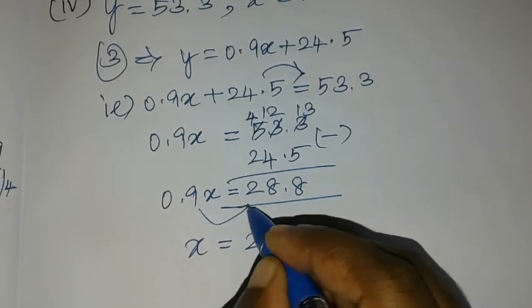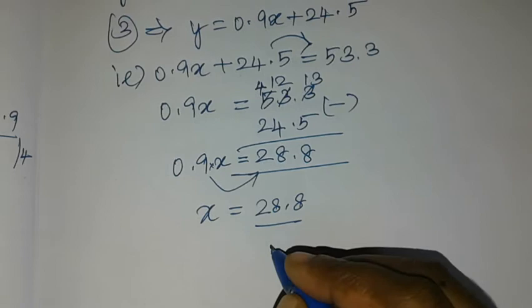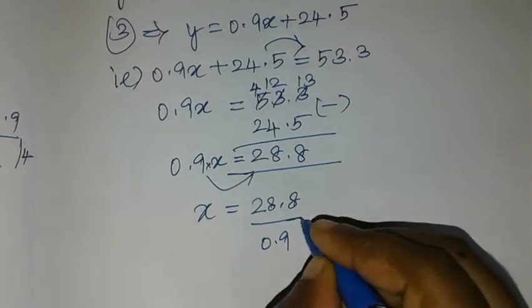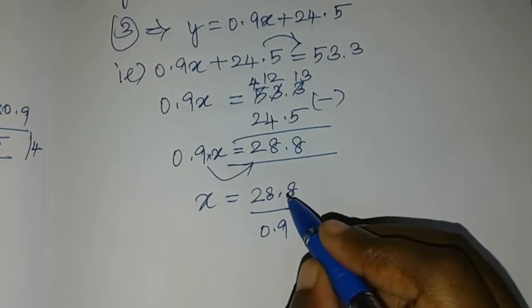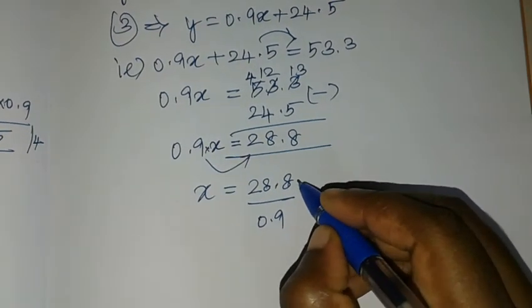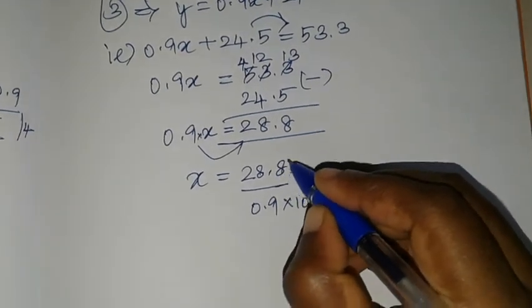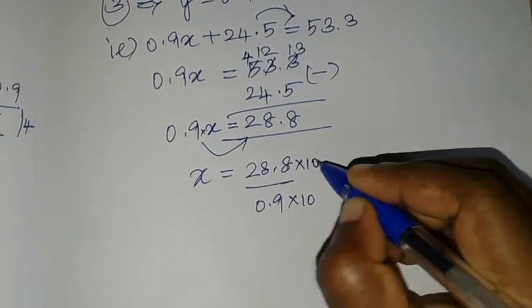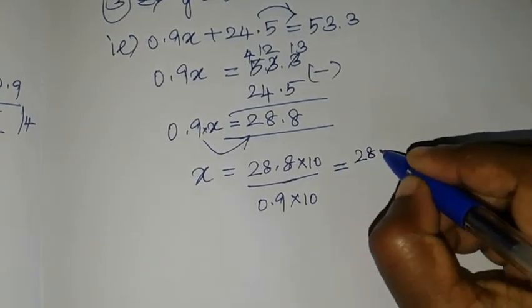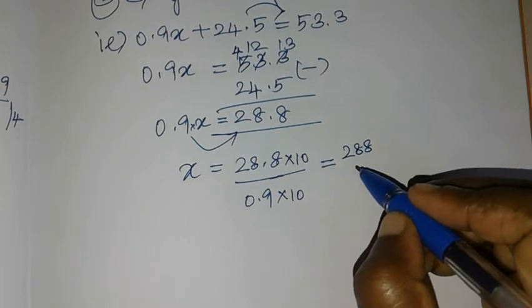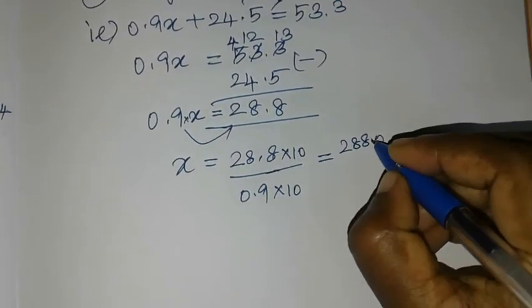X is equal to 28.8. Shifting this 0.9 to the next side. This is in the multiple form. Therefore, divided by 0.9. Now to convert the decimal number into a normal number, multiplying numerator and denominator by 10, because there is only one decimal part. This is equal to 288.0. There is one decimal part, so introducing decimal point.